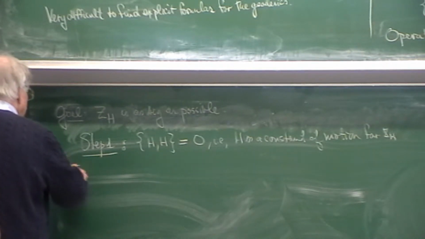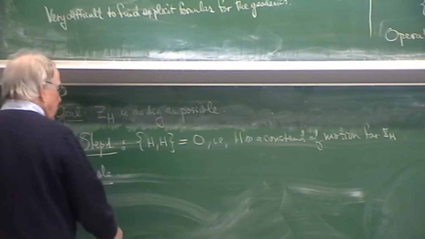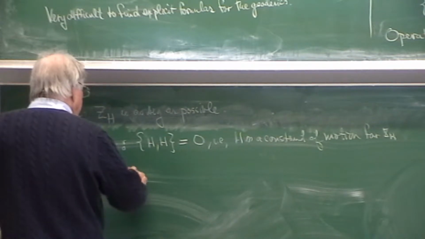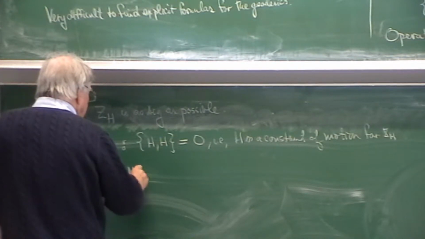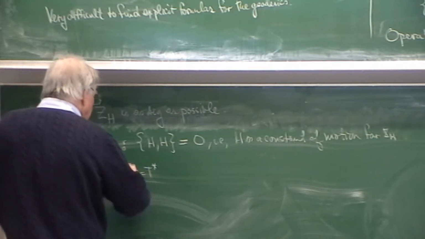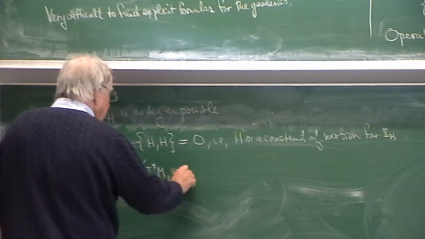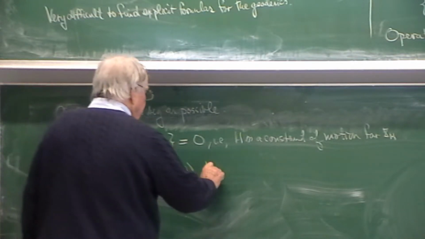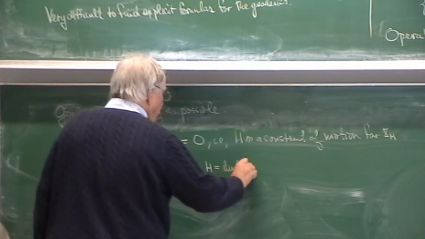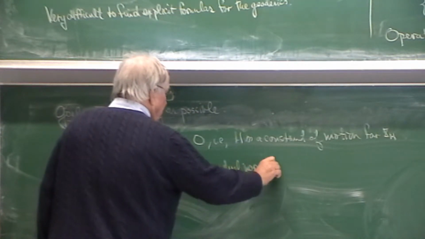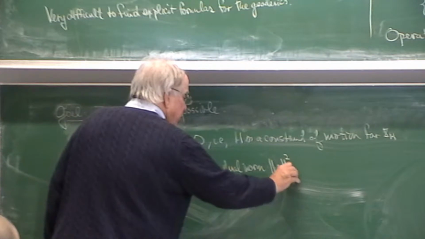As an example, take the symplectic manifold M equal to the cotangent bundle of M in the standard form, and H defined to be the dual norm squared of the metric.